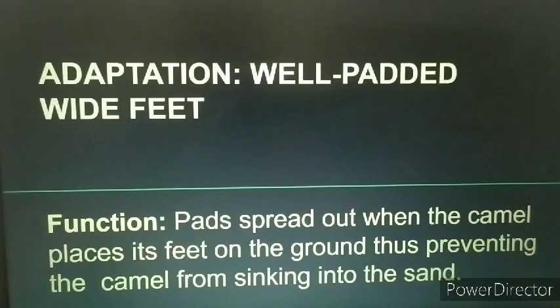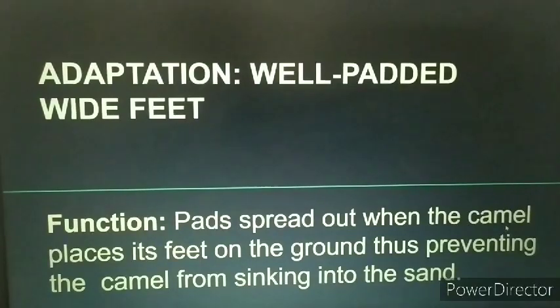So definitely there are chances that when the camel is moving in the desert area where all around is sand only, it may sink into the sand. Therefore it has these special padded feet which help the camel from sinking into the sand. So the pads in the feet spread out when the camel places its feet on the ground, and this prevents the camel from sinking into the sand.